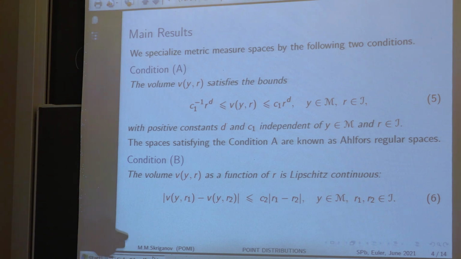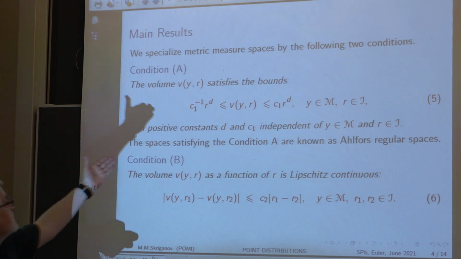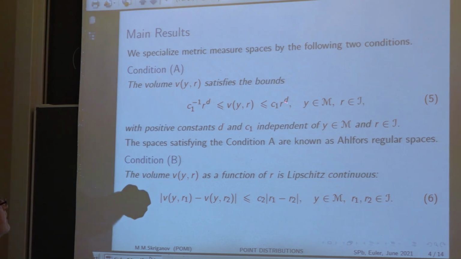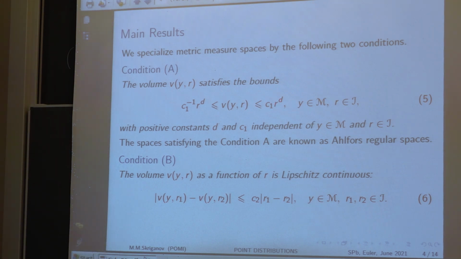Main results. Now we specialize the metric space with the following condition: the volume of balls of small radius satisfies this two-sided bound. And these spaces are known as Ahlfors regular spaces. And of course, a Riemannian manifold satisfies these bounds because it satisfies the asymptotic behavior of this order, where d is the dimension of the manifold.